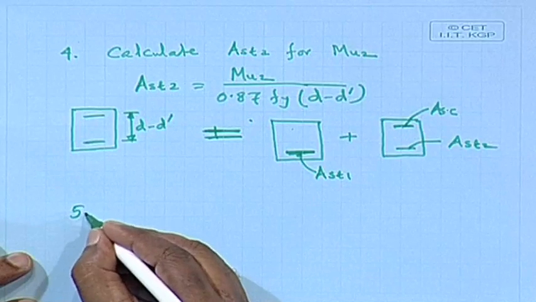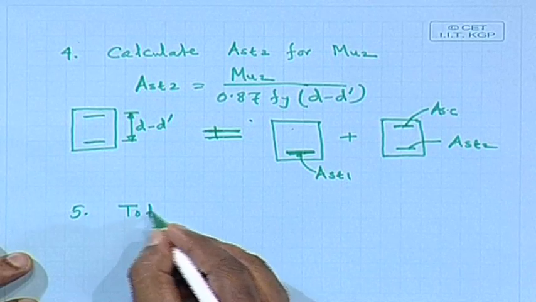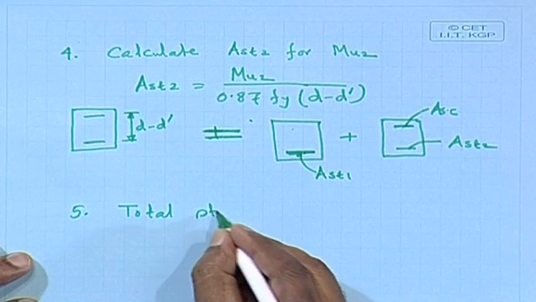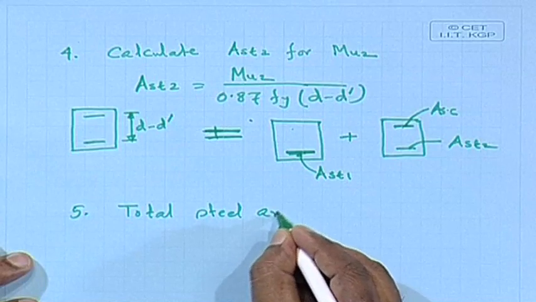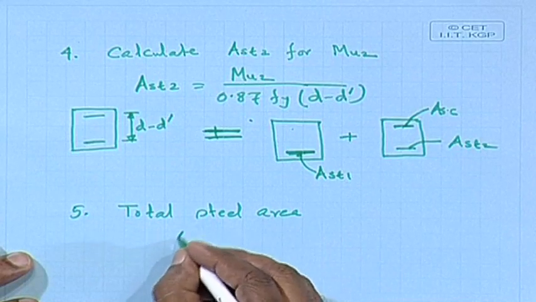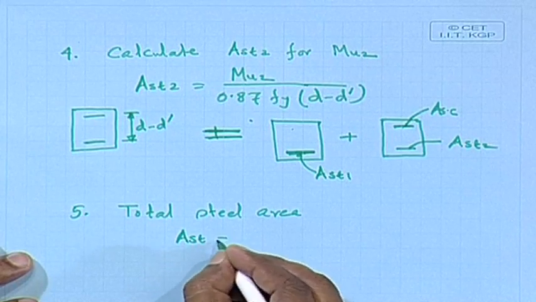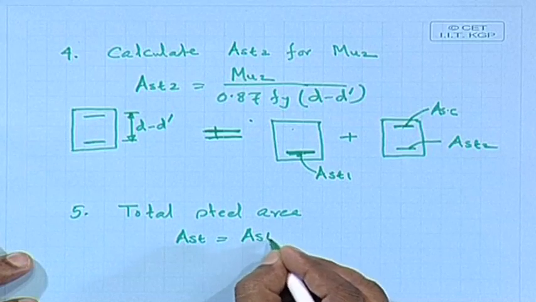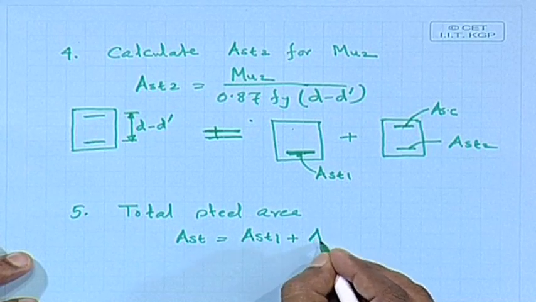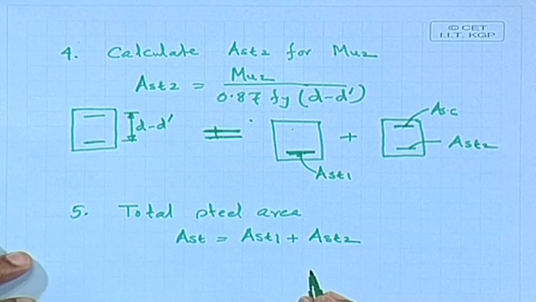We can find out the total steel area, AST equal to AST1 plus AST2.